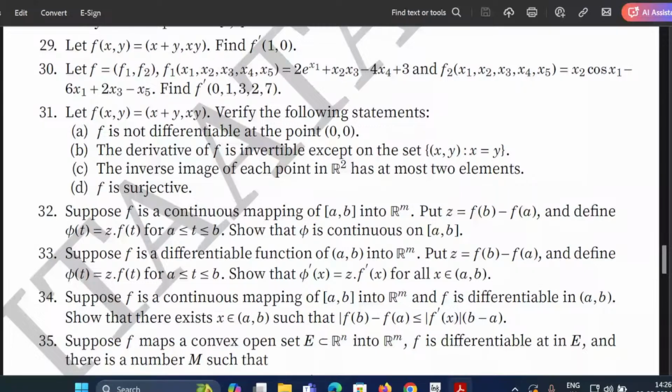It's almost the mean value theorem, but because we are considering a vector valued mapping, we have this following type of thing.